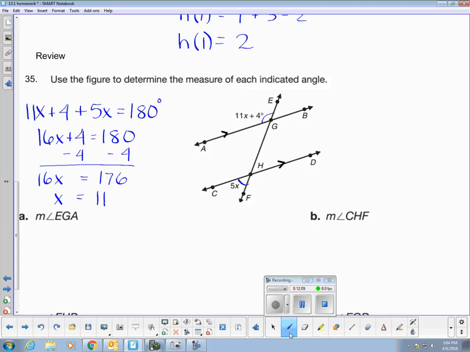So to find the measure of angle CHF, start with a measure of angle CHF. Angle CHF is this angle right here. So if I know my value for x is equal to 11, then the measure of angle CHF is equal to 5 times 11, or 55 degrees.